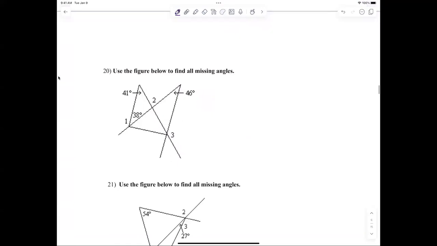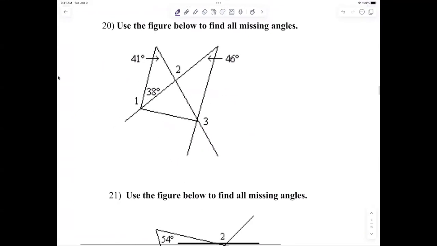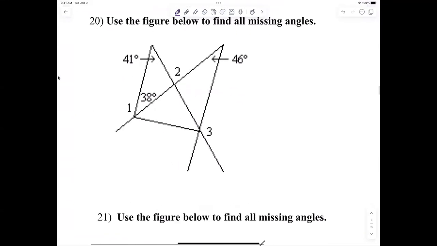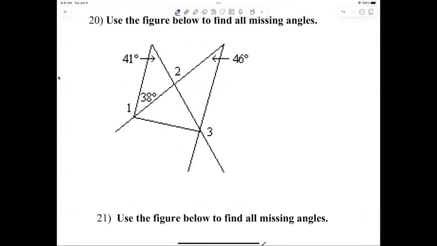So here we go. Number 20, same kind of situation. All right, let's go with angle 2. What's angle 2? All right, I'm happy with that. This right here is 79. All right, so this is 101. Does everybody agree? 101, 79. All right.